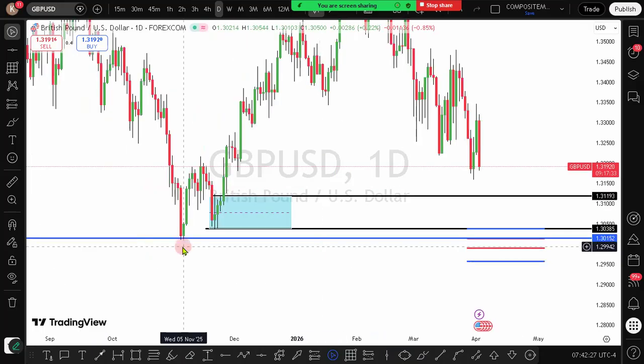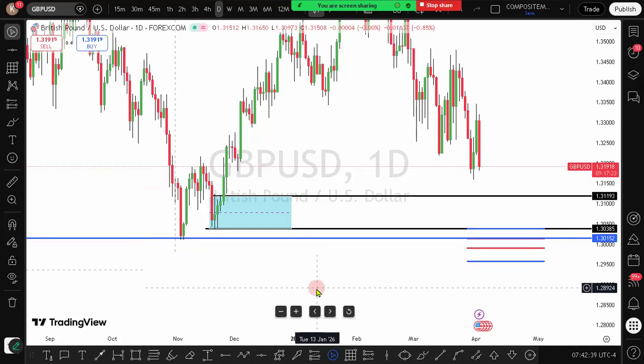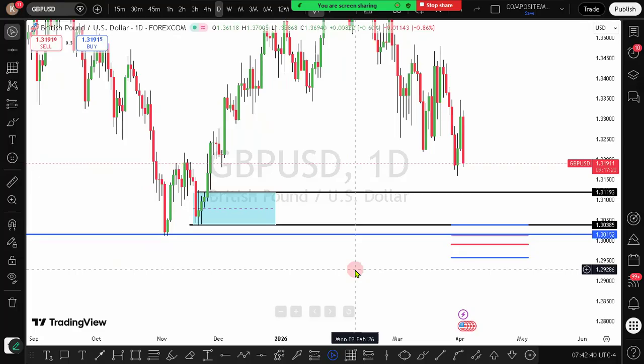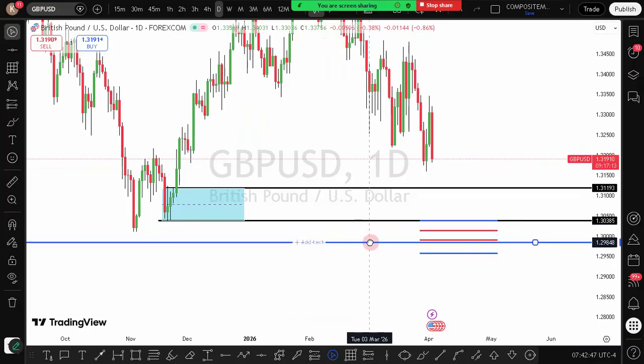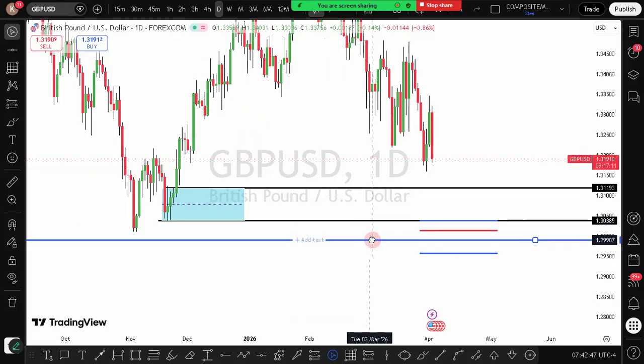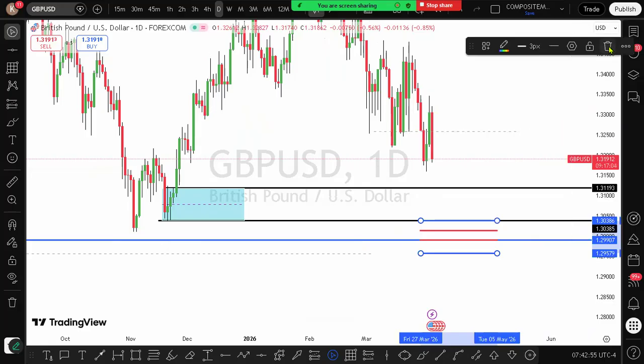But unfortunately, I'm around the pivot. I don't really want to play with this pivot here. I don't want to be stopped out. I want to reduce the chances of being stopped out. So probably this time, I'm not going to take the 30% stop loss of the entire zone, but I'm going to go to a half, around that area, just to reduce chances of being stopped out.